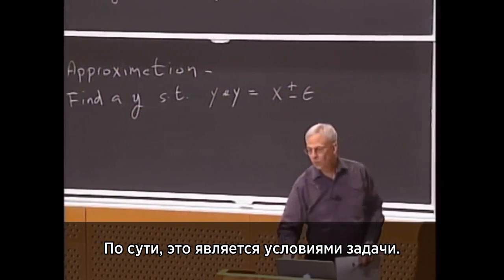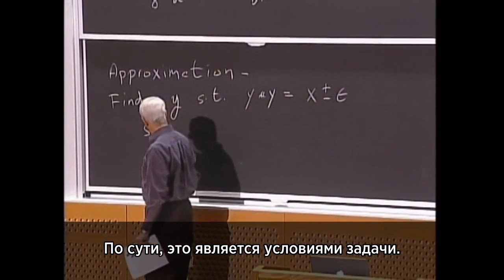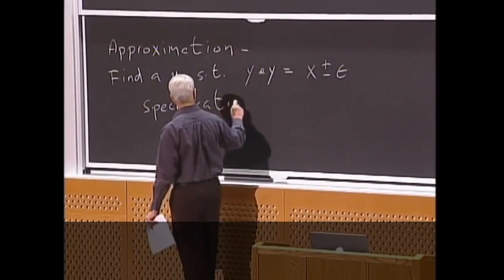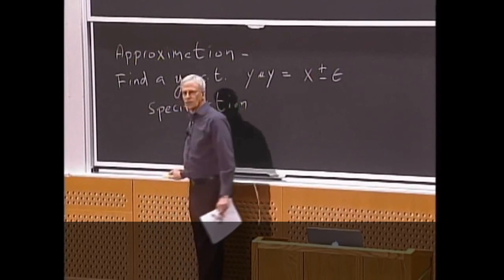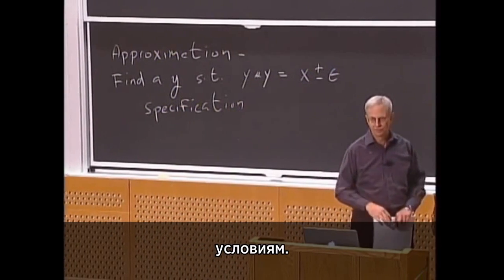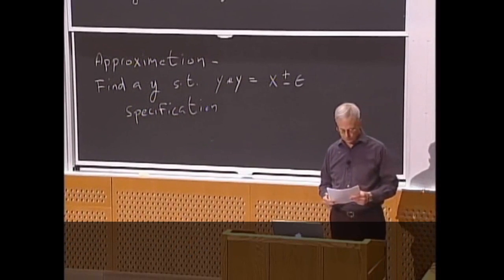Effectively, this is a specification of the problem. And I've now written a piece of code that meets the specification. It does what I set out to do, and that's good enough.